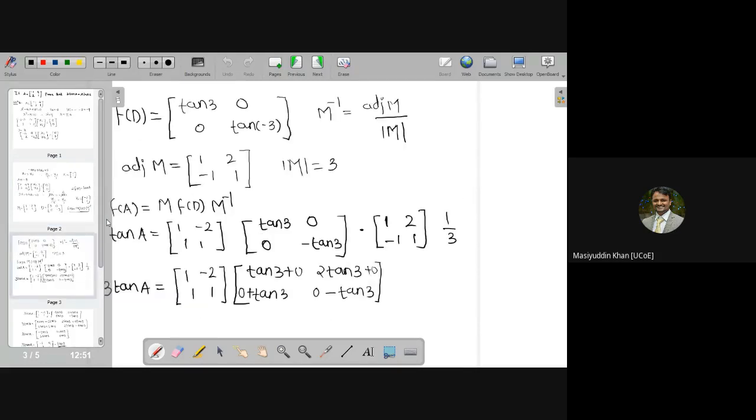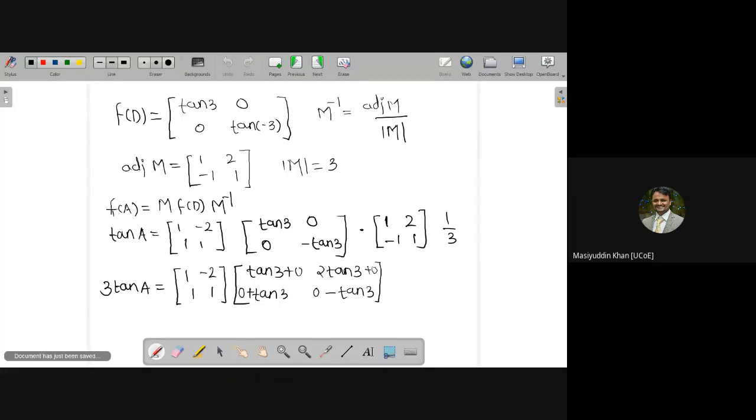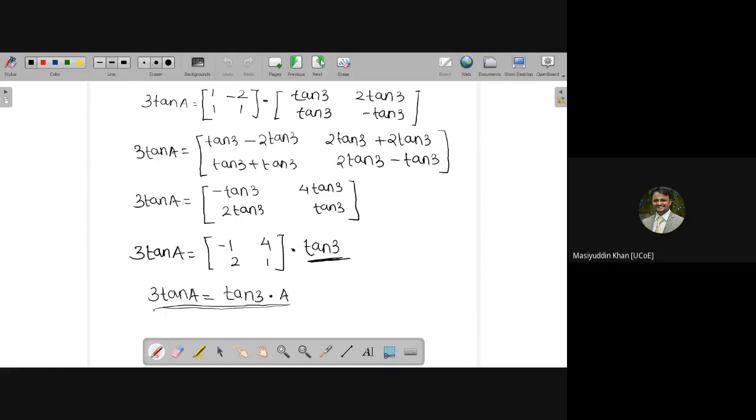If anyone has any doubts, you can ask. Now the last page. Just we have to apply the simple multiplication. So you should remember this thing.